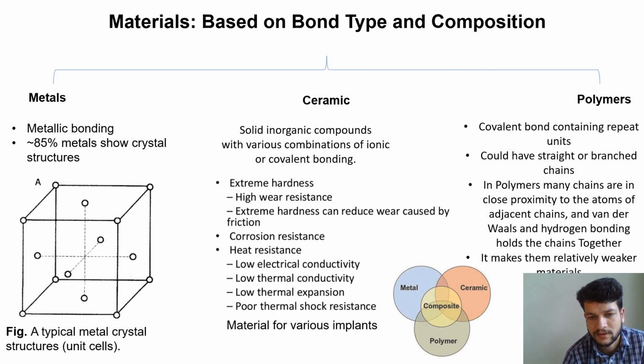And if, for example, the composite is formed from metals and polymers, it has properties different from metals and different from polymers, which are in between. So composites are also advantageous in different tissue engineering applications, or in different biomaterial devices. This is all about this lecture.